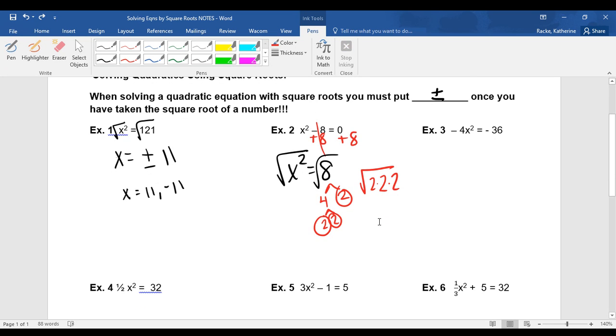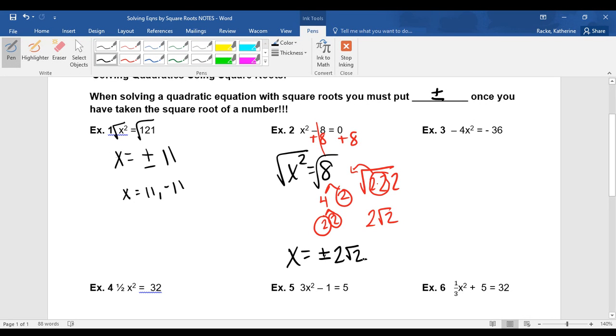There is one right here, so I'm bringing that on the outside. So it's actually 2 square root of 2. So x equals, the square root of x squared is x, and the square root of 8 simplifies to x equals plus or minus 2 square root of 2.